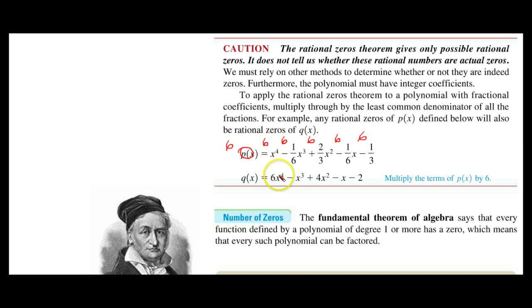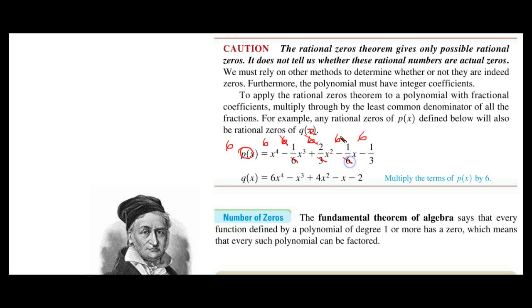Here, nothing cancels out, so we get 6x to the 4th. Here the 6's cancel out, and we get a negative x to the 3rd. Here the 3 goes once, goes into there twice. This gives us 4x to the 2nd.